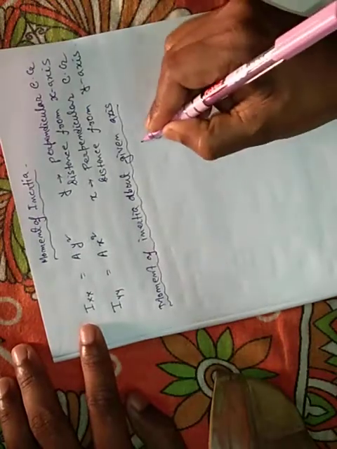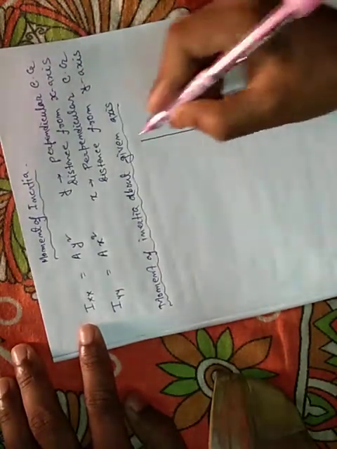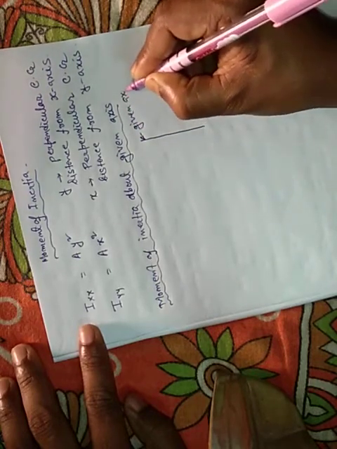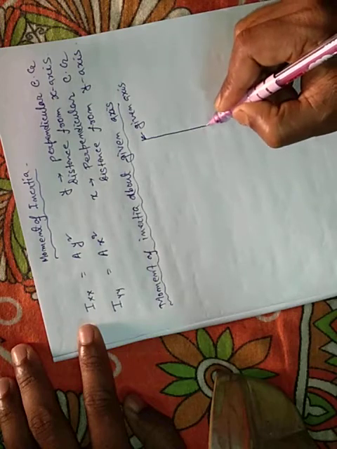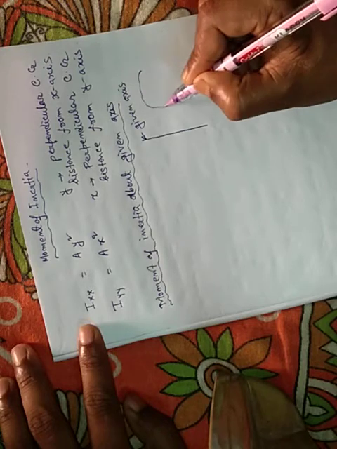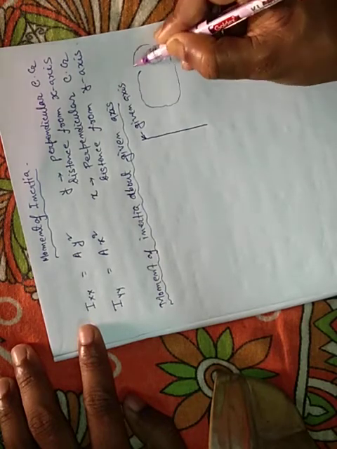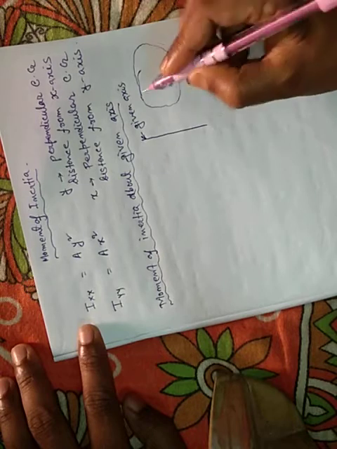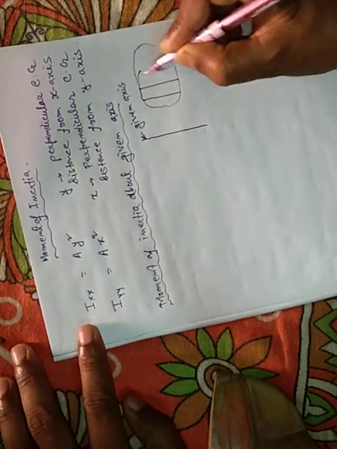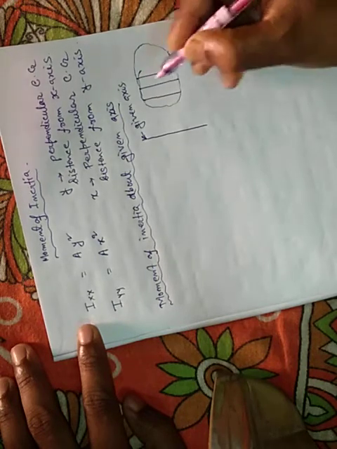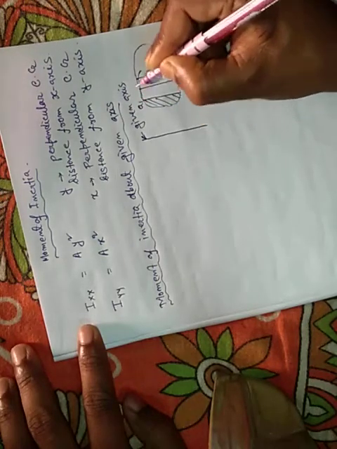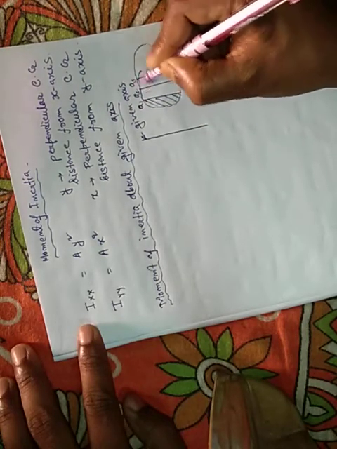Let us say this is the given axis, and a thick lamina is split up into small parts. Say this is A1, this is A2, and this is A3.